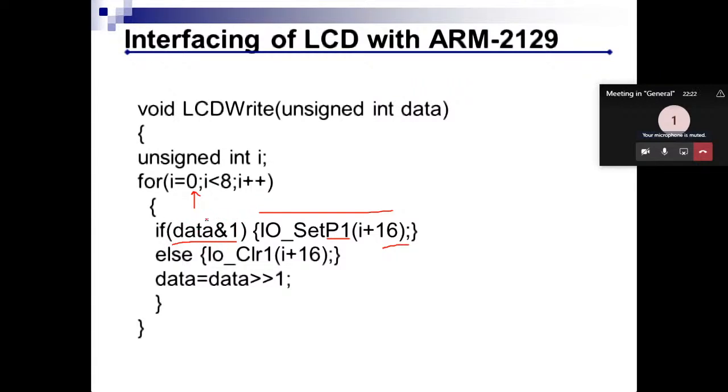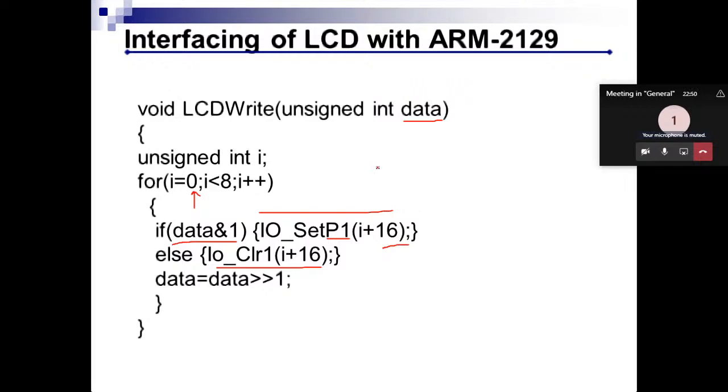If this AND operation results in 1, then I want to set this pin, otherwise I want to clear that pin. Whether P1.16 will be 1 or 0 depends on what data you want to write to the LCD. If the corresponding bit is 0, then I want to clear that pin. If the corresponding bit is 1, then I want to set that particular pin.